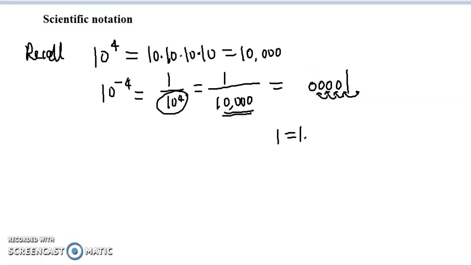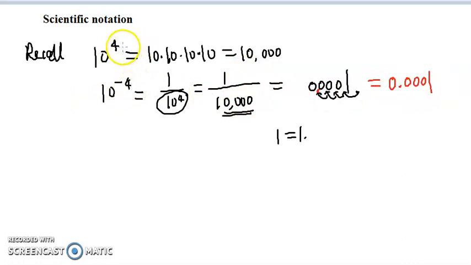So the decimal point is going to end right here. So the answer is, if I write it better this time, 0.0001. So that's the number either in the fractional form or the decimal form for 10 to the negative fourth.